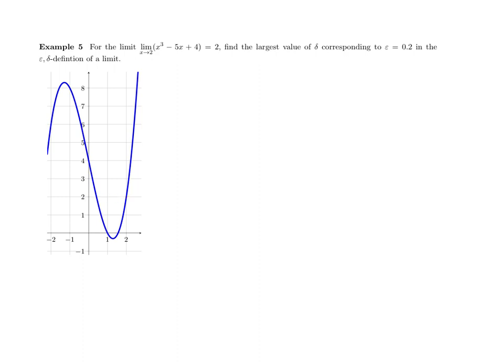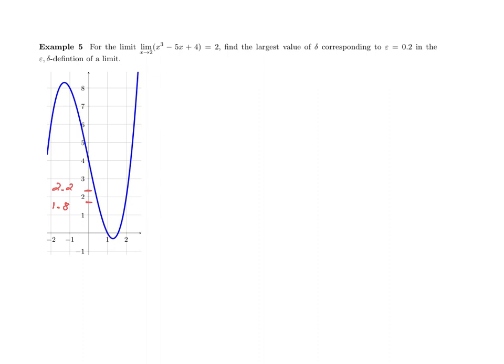Now this question is saying, if your limit is 2 and epsilon is equal to 0.2, if you go up 0.2 and down 0.2, how close to 2 do you have to be down here so all of those x values get mapped to all of those corresponding y values? So you can go up here, which is 2.2, you go up 0.2, or you can go down here to 1.8.